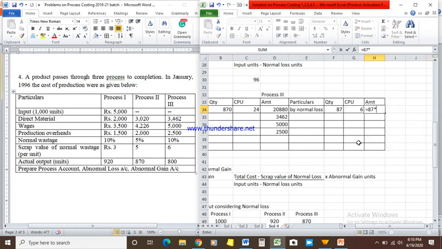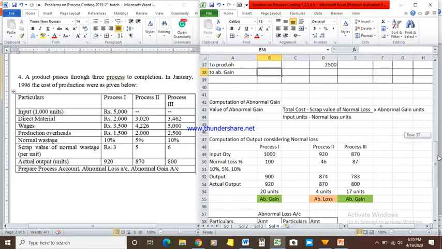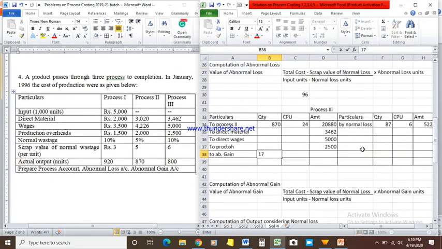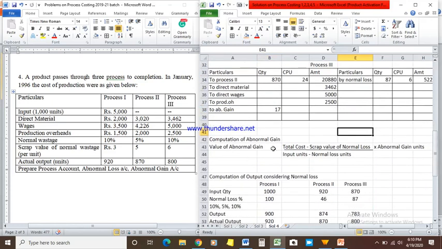So 87 into 6, it is 522. Now the abnormal gain: the number of abnormal gain units here is 17. What is the value of these? Again, the same formula I am going to write here and calculate the value.